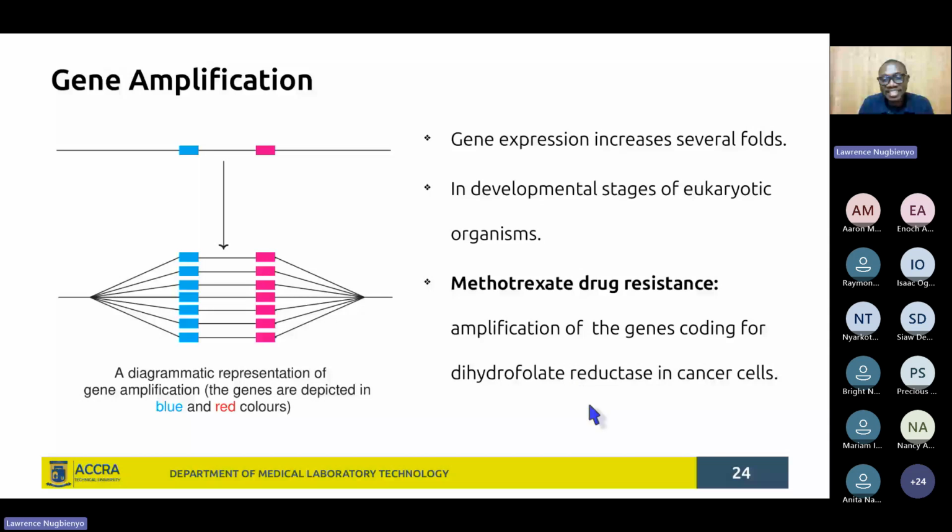Dihydrofolate reductase is involved in a metabolic process involving folic acid, and folic acid is involved in cell proliferation. So you have the gene coding for this enzyme, dihydrofolate reductase, being produced the more.